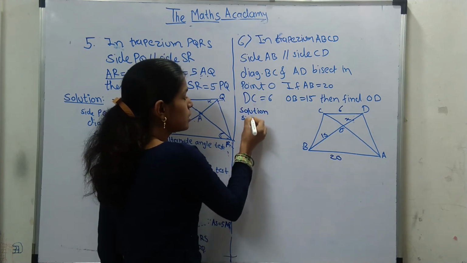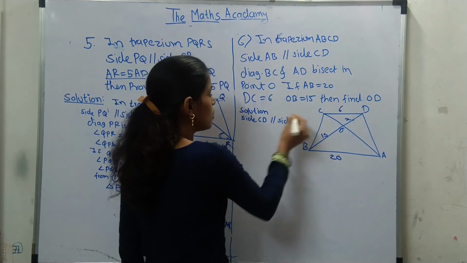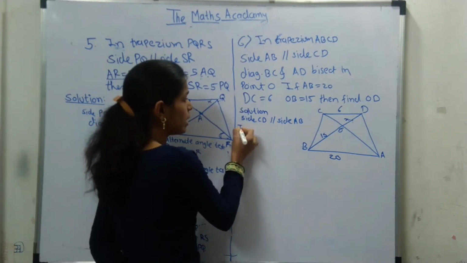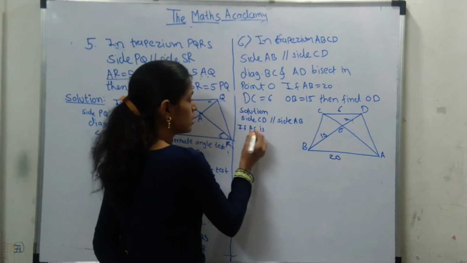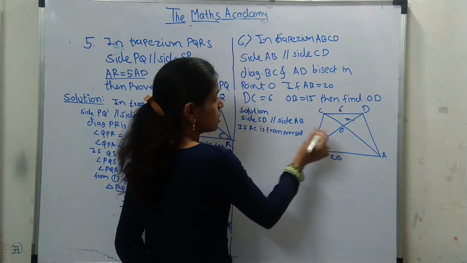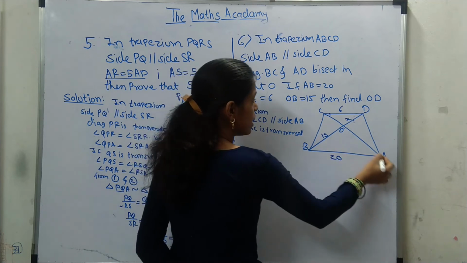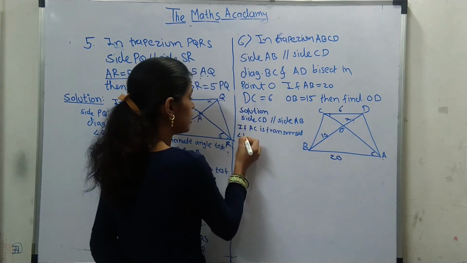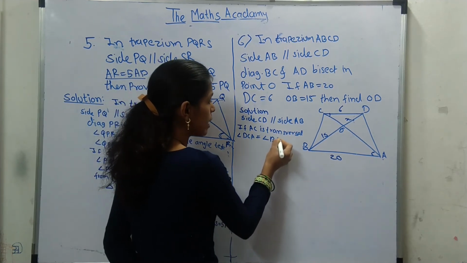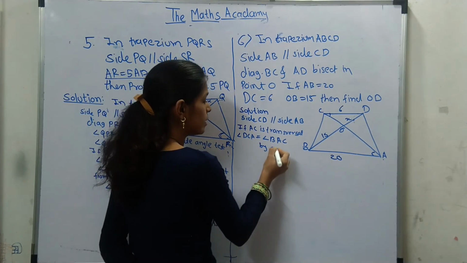Here side CD is parallel to side AB, and if AC is transversal, then angle DCA is equal to angle BAC by the alternate angle test.